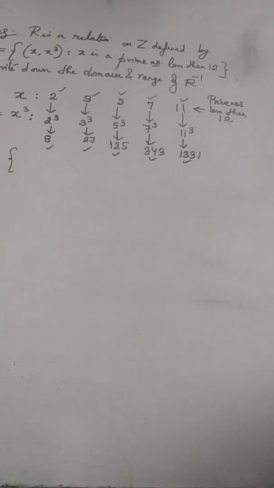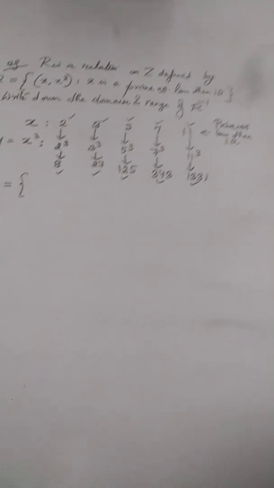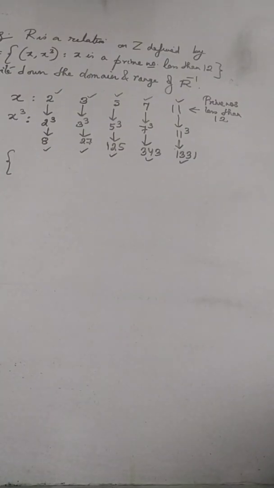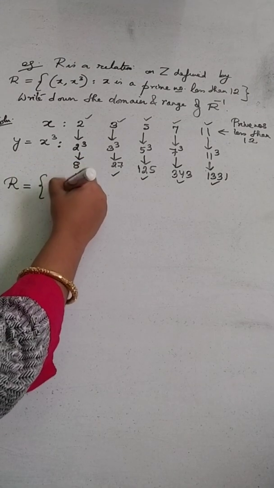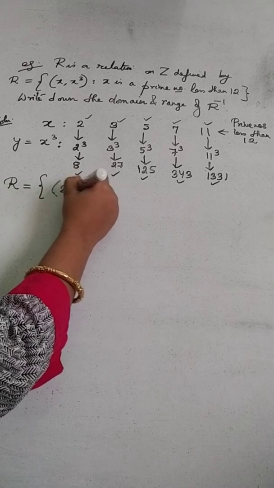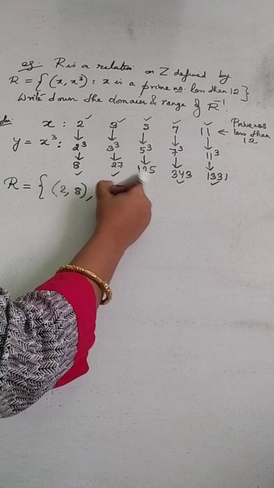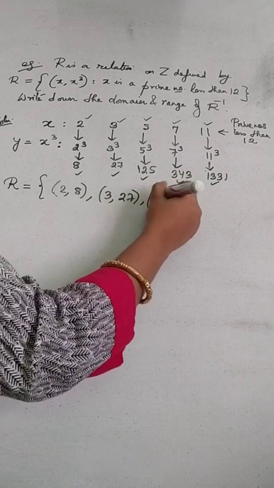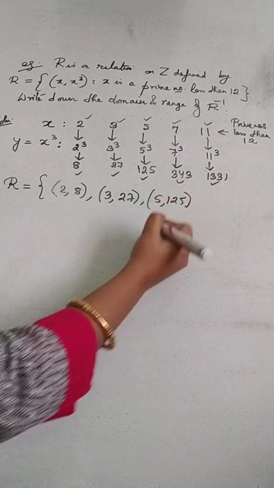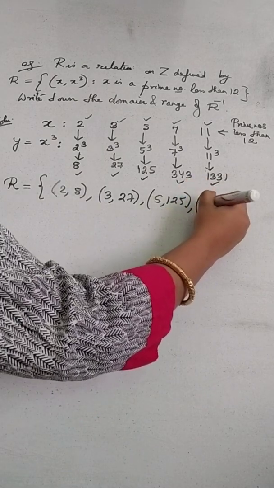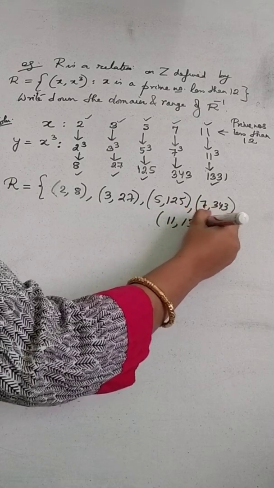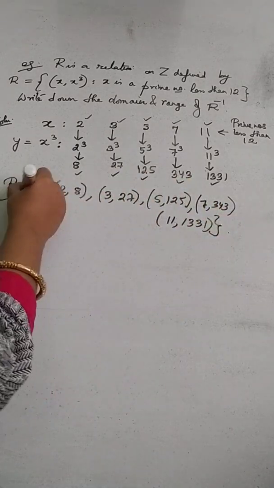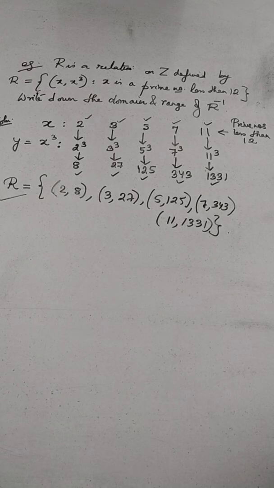Listing the values of R, the pairs: the first one is (2, 8), (3, 27), (5, 125), (7, 343) and (11, 1331). So this is your required relation, now listed in roster form.